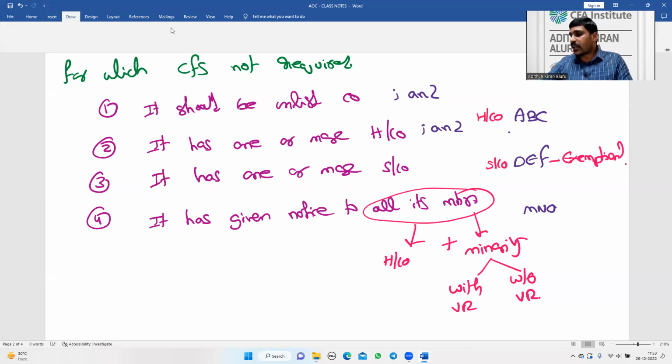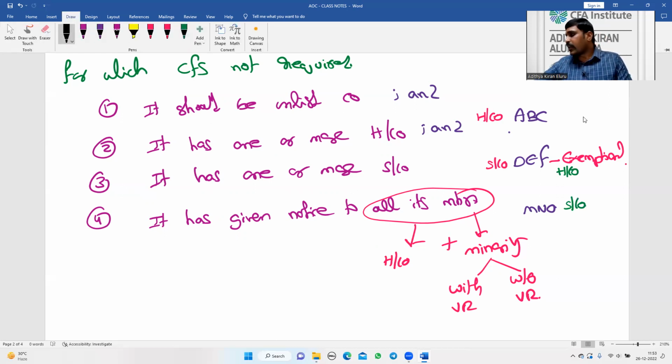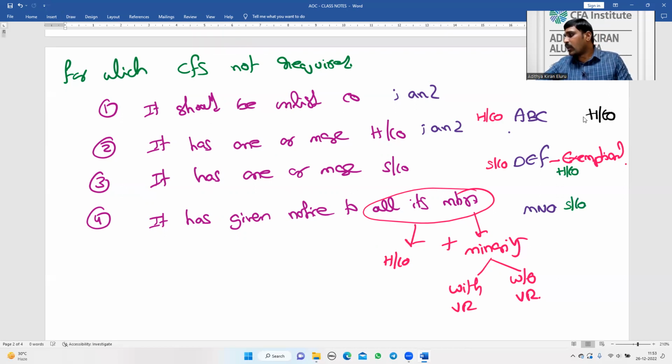In turn, DEF is a holding and MNO is a subsidiary. Indirectly, I should say ABC is a holding and MNO is a subsidiary. So there is a subsidiary relationship between these two, and there is a subsidiary relationship between ABC and MNO also. DEF is a subsidiary of ABC, and MNO is a subsidiary of DEF. So therefore, indirectly, MNO is also a subsidiary of ABC.